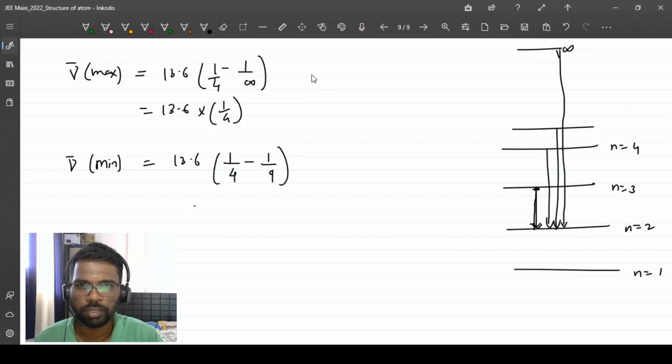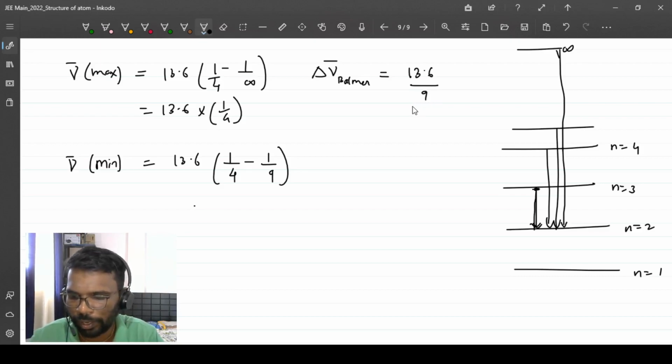So the difference, delta nu bar for the Balmer, will be the maximum minus the minimum, so it will be 13.6 by 9. This is the answer we will be getting for the Balmer.